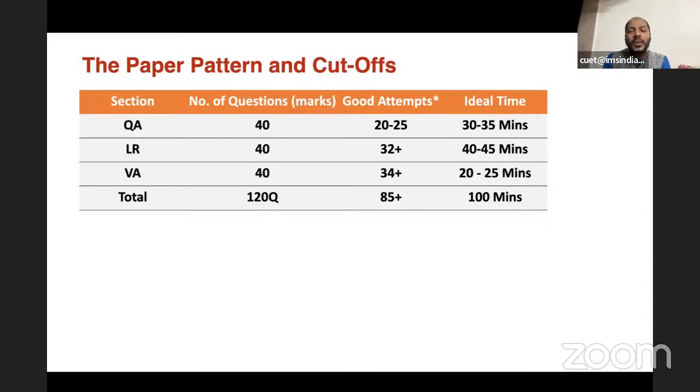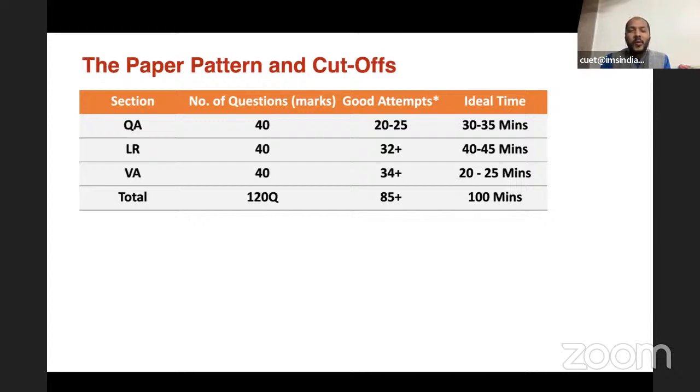However, the good thing is that the cutoffs, the scores, are never released, but these are all estimated cutoffs based on the students who took the test and cleared the exam. They tell us that they attempted these many questions, or they could have expected this kind of a score. NMIMS only releases the ranks.